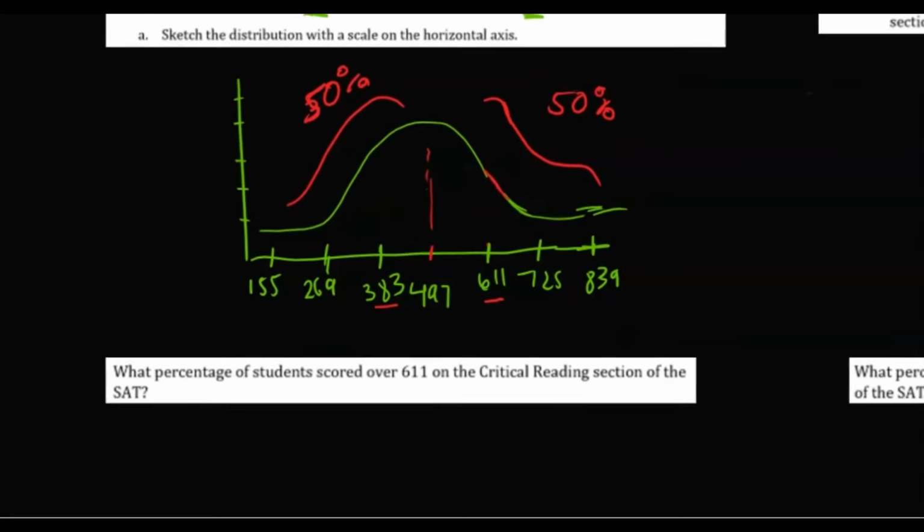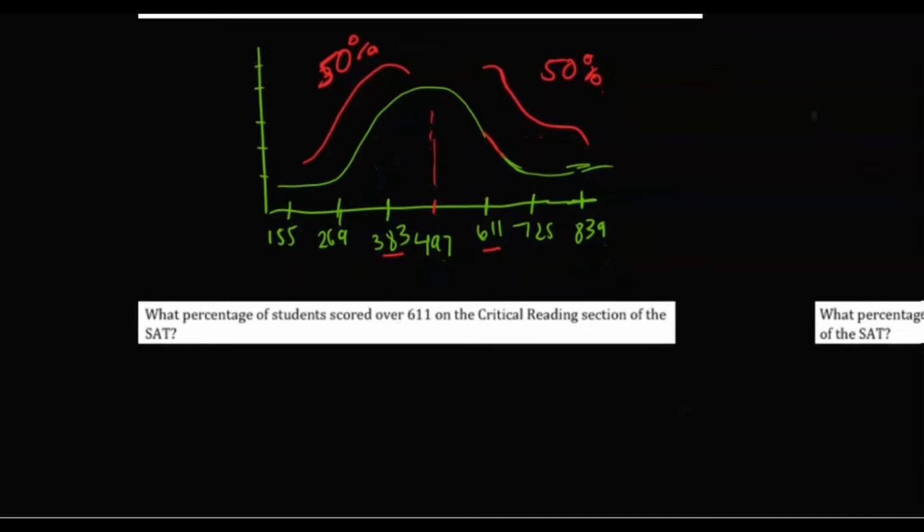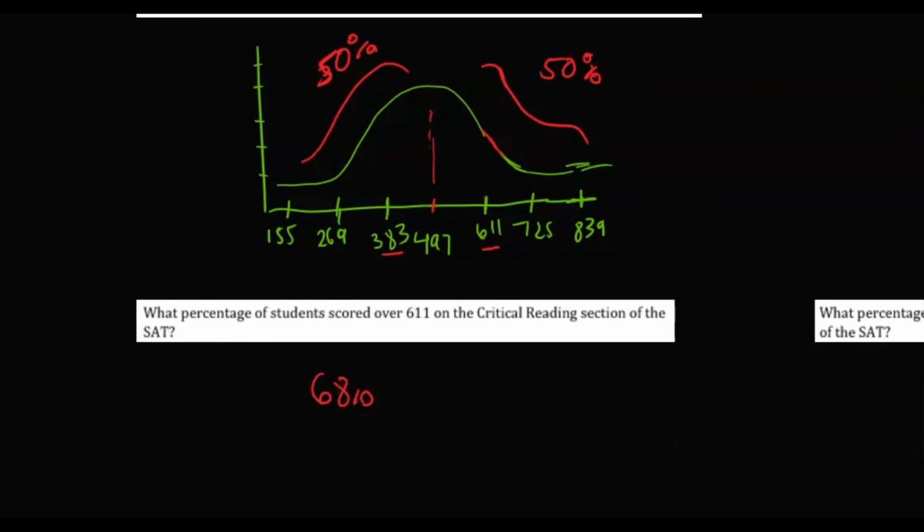So if we want to find the percentage of students that scored over 611, let's just take what we already know. The first standard deviation, which is 383 to 611, is going to be 68%. So if we take half of that, we're going to get 34%. And this is a very interesting pattern because that represents everything here.